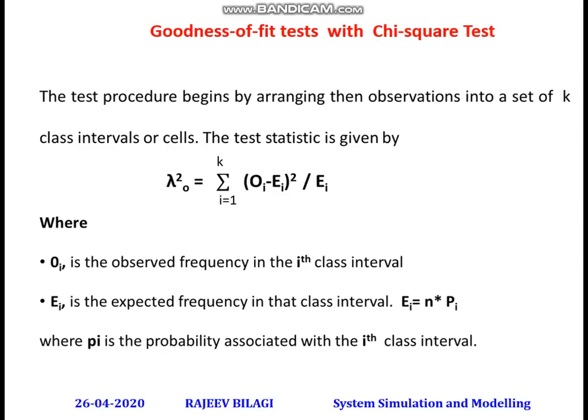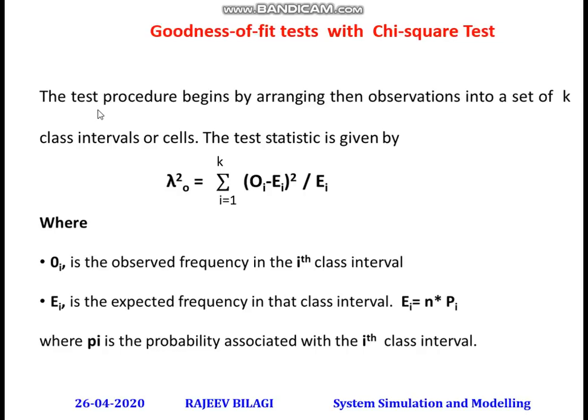Now, what are the different steps you are going to use for the chi-square test? Whether you apply it for a normal, an exponential, or a Poisson's distribution, the method remains the same.